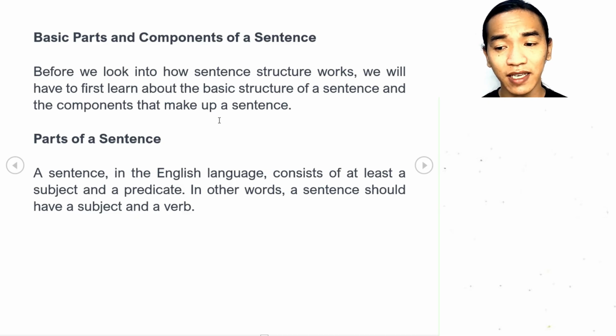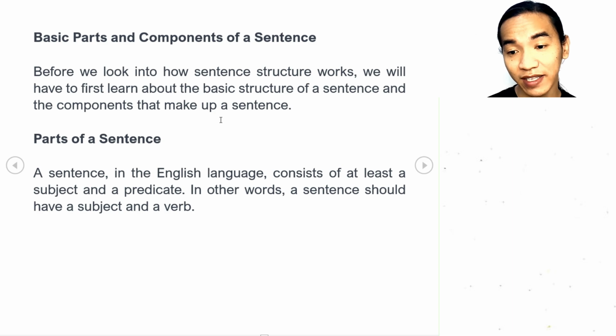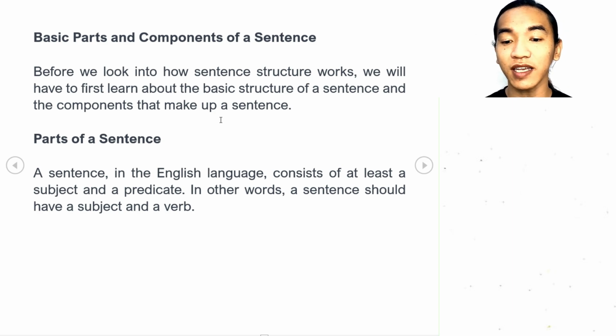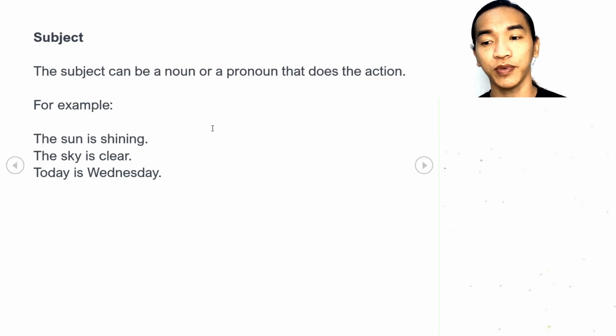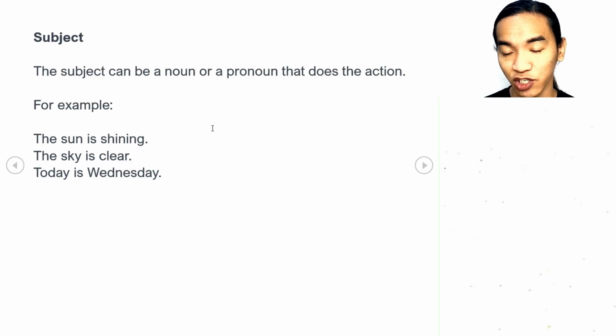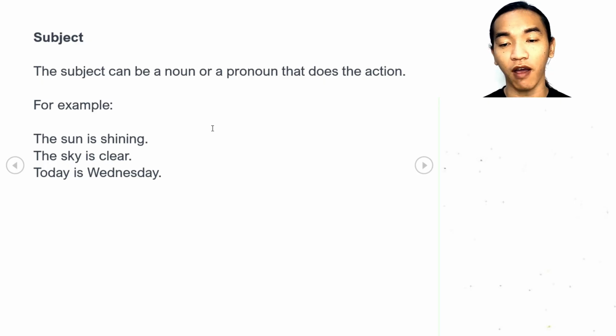Now, a sentence consists of at least a subject and a predicate. Okay, in other words, a sentence should have a subject and a verb. Okay? Now, the first component or first part of a sentence is your subject. Now, the subject can be a noun or a pronoun that does the action. Okay, but it's not all the time that it is the doer of the action.